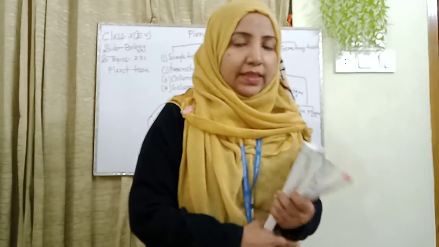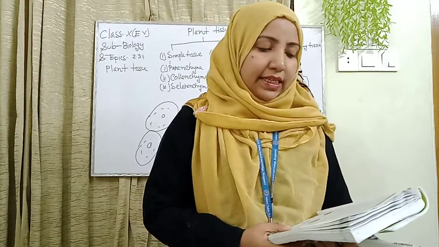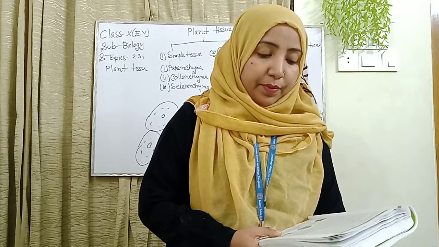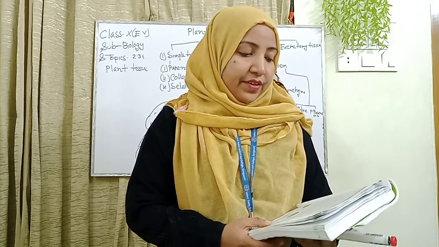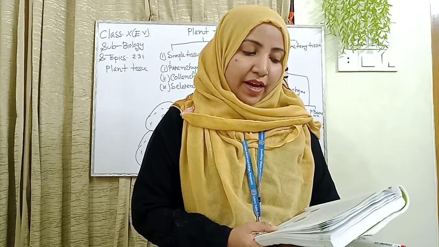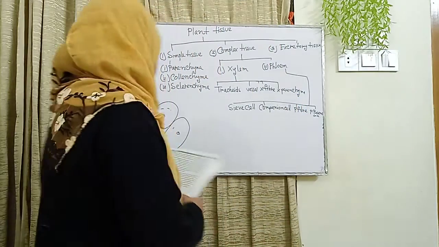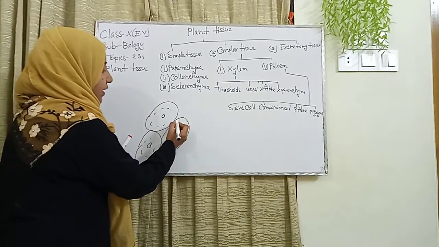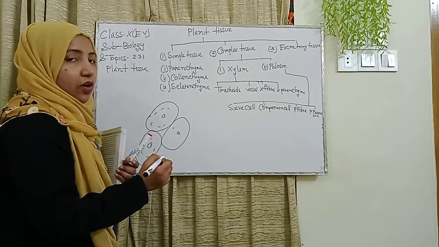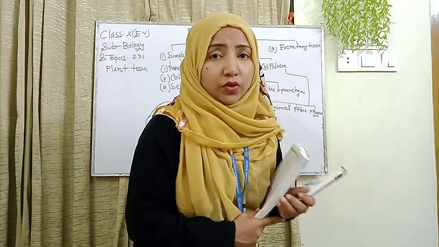Please everyone see the book. What is parenchyma? Parenchyma cells are seen in almost every part of a plant. Cells of this type are living, isodiametric, thin-walled and turgid with protoplasm. The walls are thin and contain only one structure, and this structure's name is cellulose.